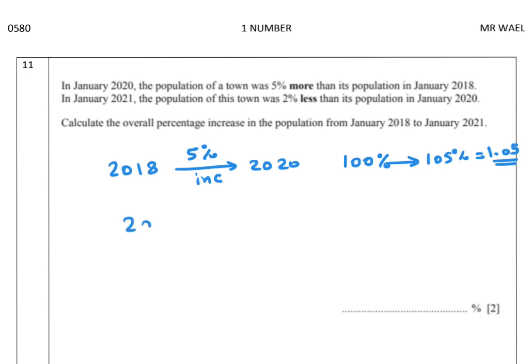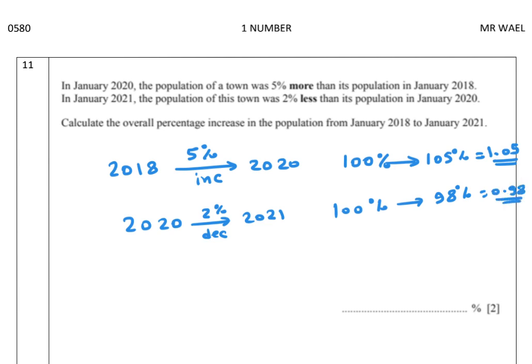From 2020 to 2021, decrease by 2%. This means if it was 100% in 2020, now decrease by 2, so 98%, or as decimal 0.98.